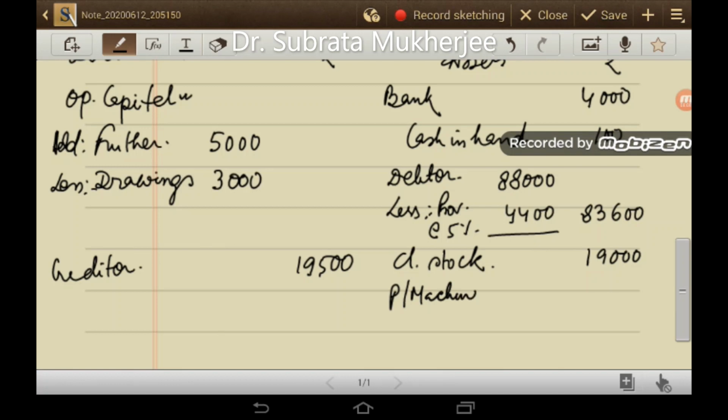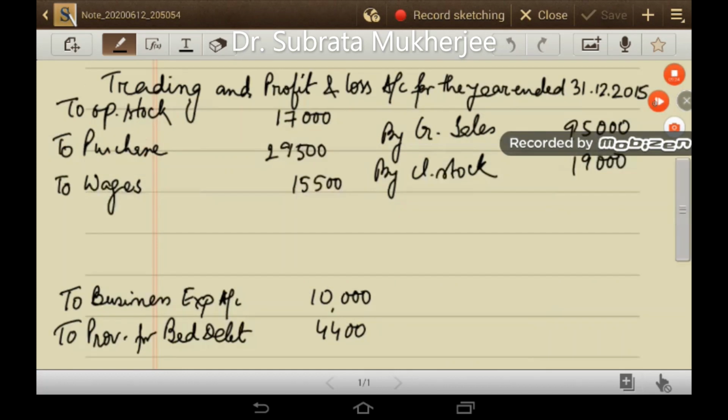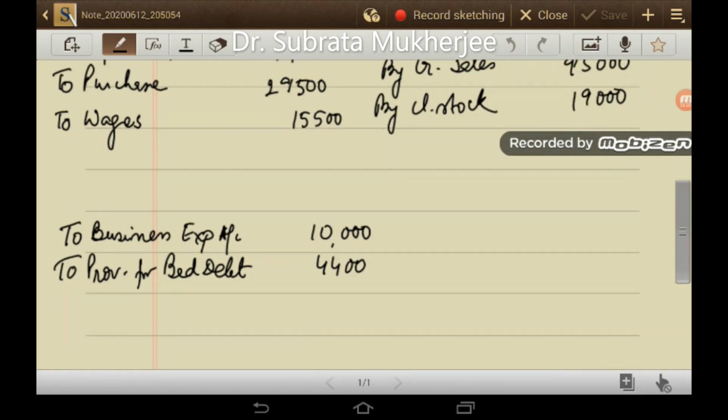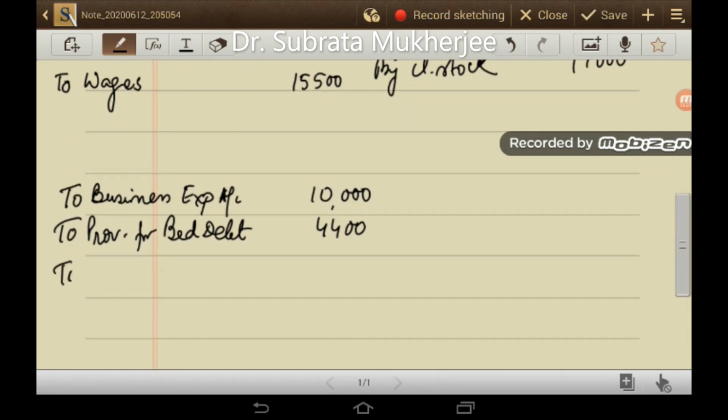I am writing it in the inner column because there is a depreciation. So less depreciation at the rate 10%. So this will be 2,000, and this 2,000 I will write in your PL account. So I am writing the amount of depreciation in PL account. So to depreciation on plant and machinery for rupees 2,000.